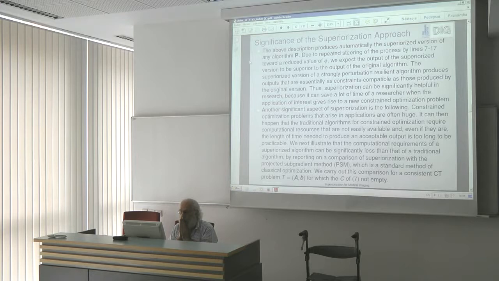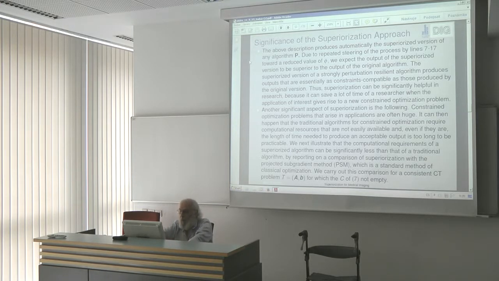So, to say it again, the above description produces automatically the superiorized version of any algorithm P. Because of what we do, it will produce a smaller value of phi, and so it can save a lot of time of researchers when the application of interest gives rise to a new constraint optimization problem.